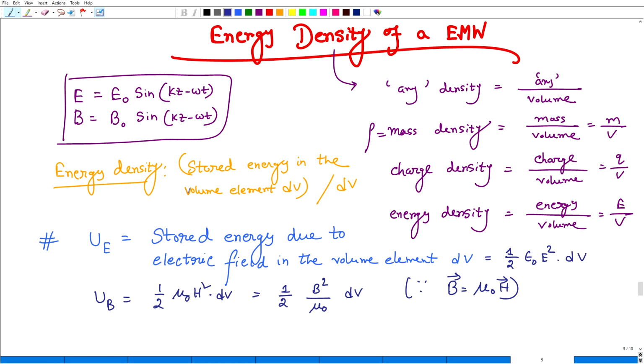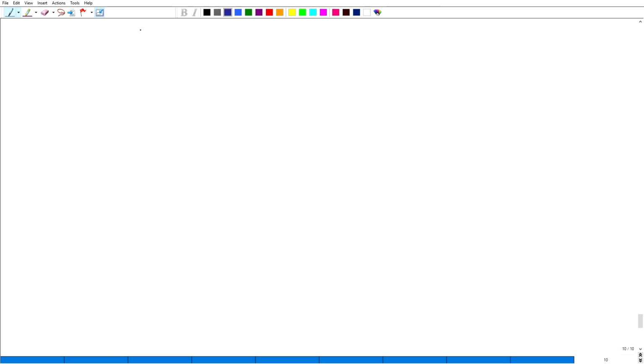So, UE and UB are clear. Let me again write: UE is half epsilon naught E square dV and UB is half B square by mu naught dV.